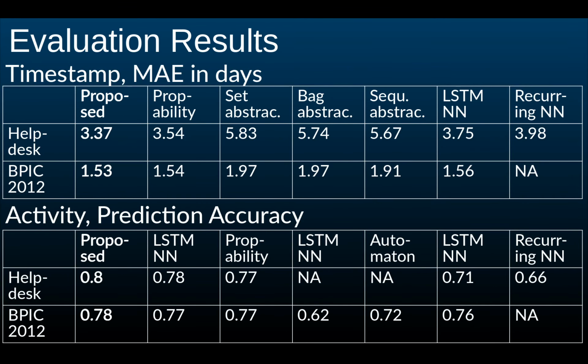These tables here summarize the evaluation results. As you can see, the proposed approach, in the second left column, outperforms the alternative approaches. The two log files were chosen as they are most commonly utilized by existing work.